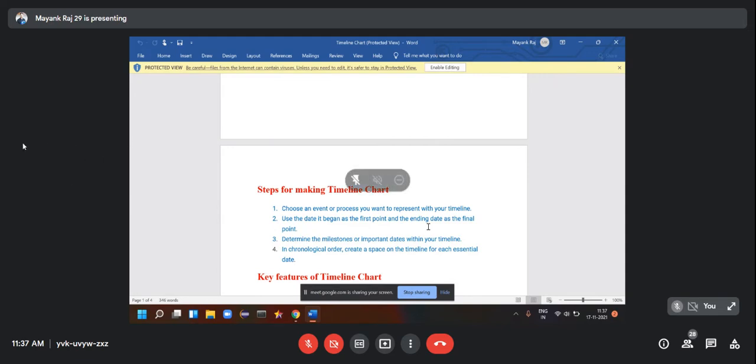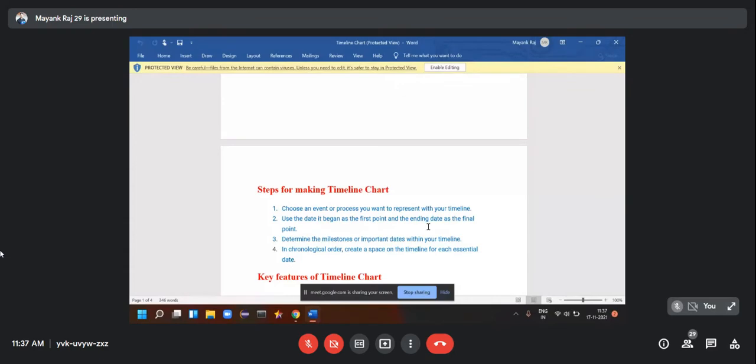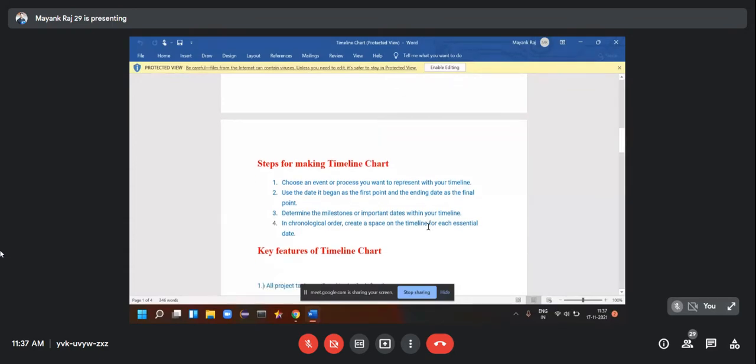If there is any important date or milestone, we mark that as well, and we do all the processes in chronological order. The spacing is also taken care of: within a period, suppose we are marking 5 days, then it should look like 5 days. If we are marking 10 days, then it should be double the space taken by 5 days.